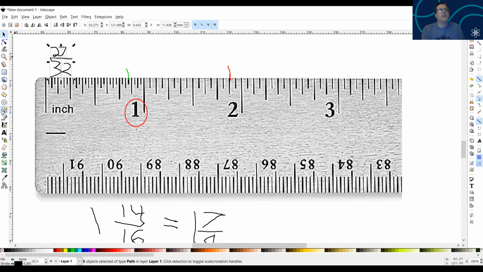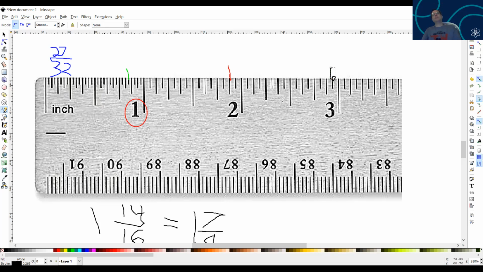I meant to do this and then change the color to blue. Let's say I wanted this one right here.